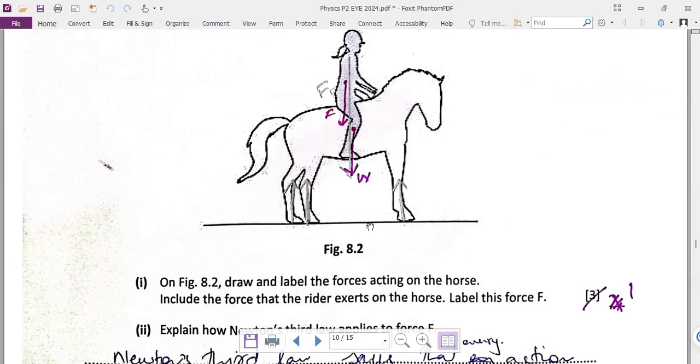And then look at these arrows. These are the contact forces, 1, 2, 3, and 4. These 4 arrows will be the normal reaction force of the ground on man and horse. These two arrows give you 2 marks, and these arrows give you 1 mark.